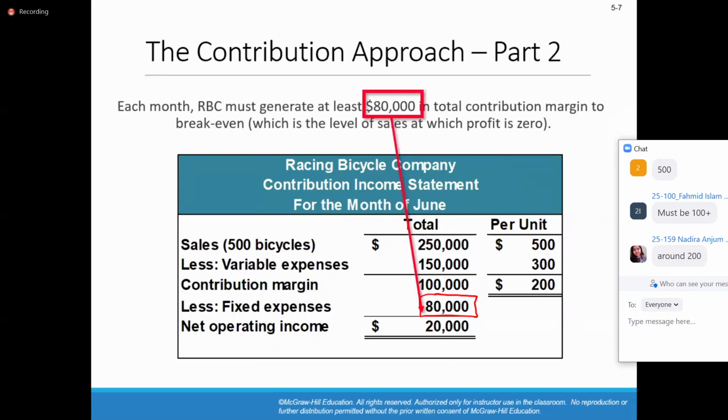Now, if the racing bicycle company generates the contribution margin of 80,000 taka, say 80,000 taka, not the 100,000, in that case, what will be the net operating income? The net operating income will become 0. Is this point known as the break-even point?